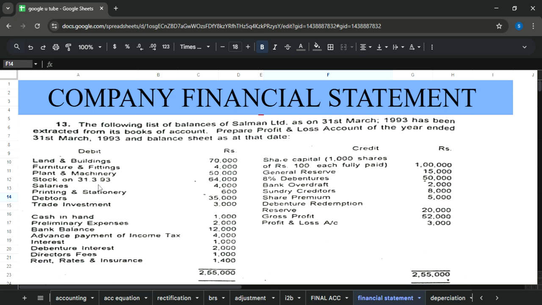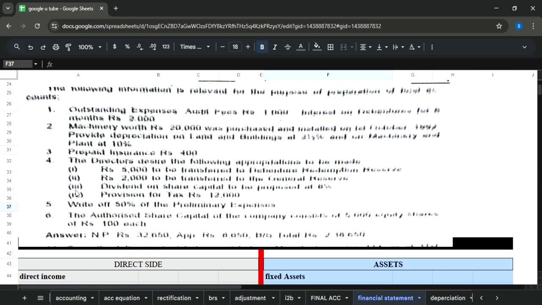Now please note the date is mentioned 31st March 93. It means it's closing stock because our last date is also 31st March. And since it is present only in trial balance, it's not present in adjustment, which means it would have only single effect.